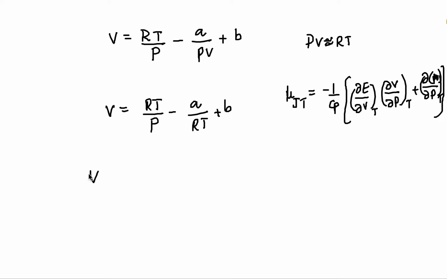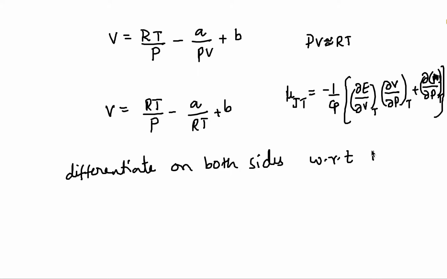So what are we doing here? Differentiate on both sides with respect to temperature, at constant pressure, keeping the pressure constant. Therefore dou V over dou T at constant pressure: R is a constant and we are differentiating keeping the pressure constant, so the differentiation of T with respect to T is 1.